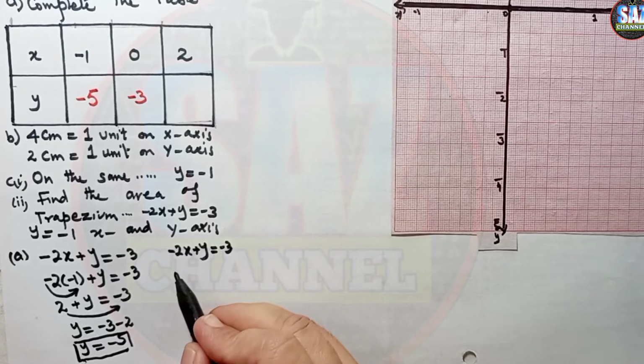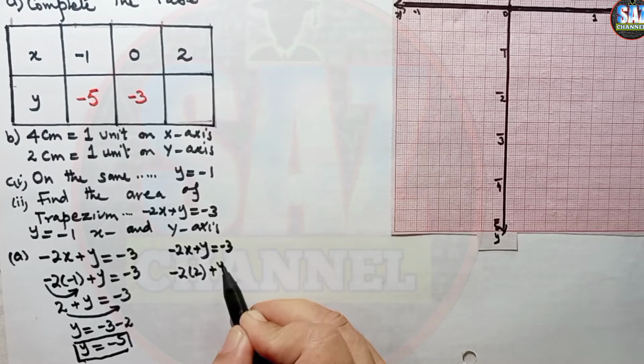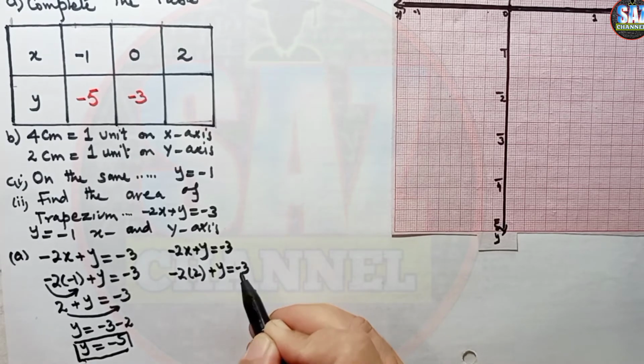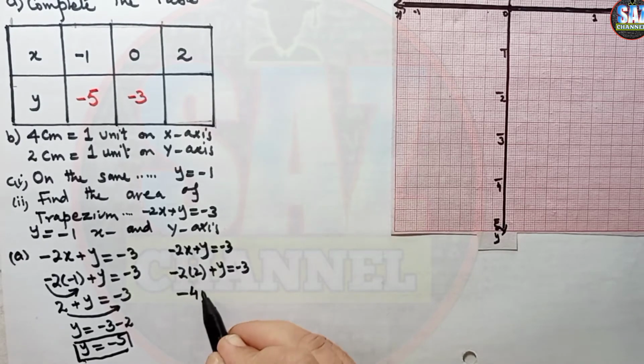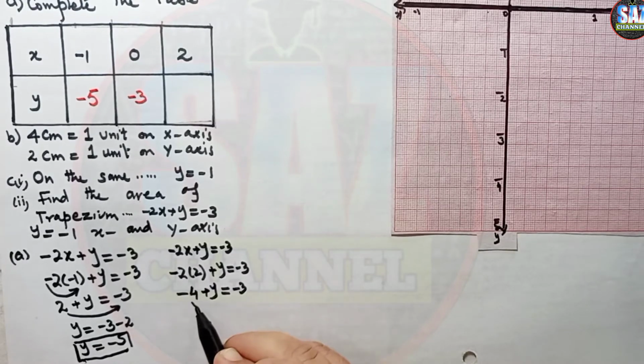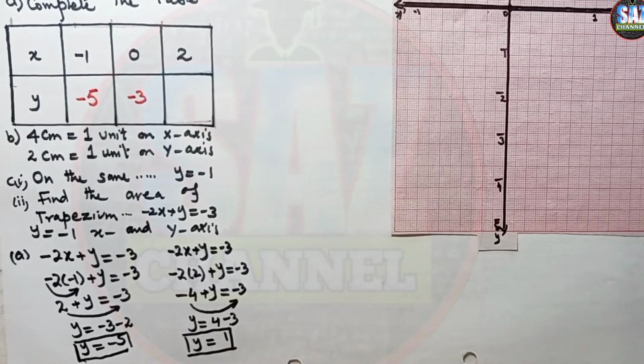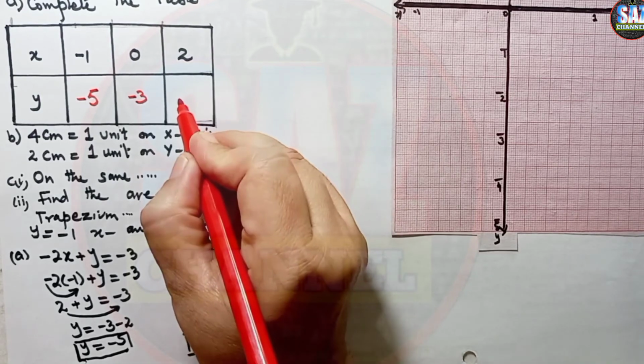Instead of x, I have to replace 2: minus 4 plus y equals minus 3. Shift minus 4 to the other side, it will change the sign. y equals 4 minus 3 and y equals 1. Write this answer in front of the value of x, which is 2, y equals 1.